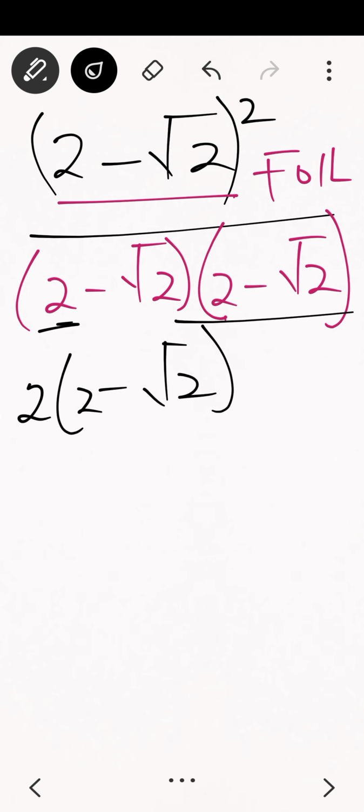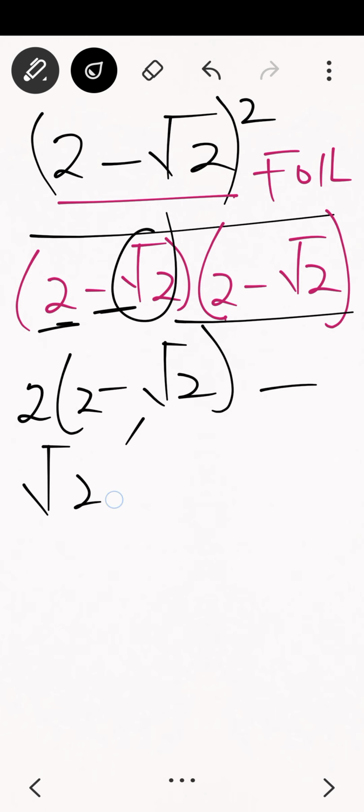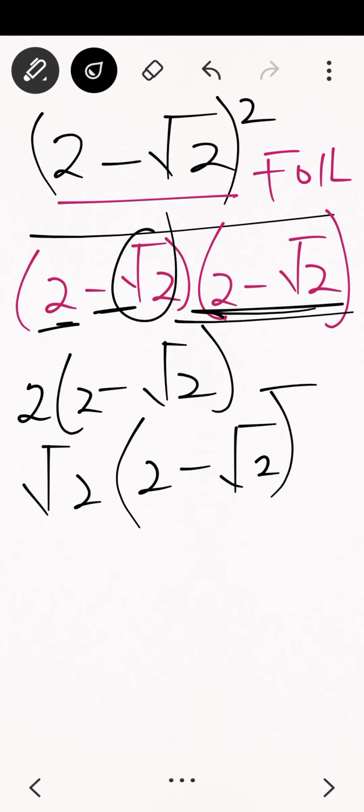We have negative here, so we put a negative there. Then pick the second term in the first bracket, which is root 2. That will multiply this whole term again, which is 2 minus root 2. Right. I believe you are following.